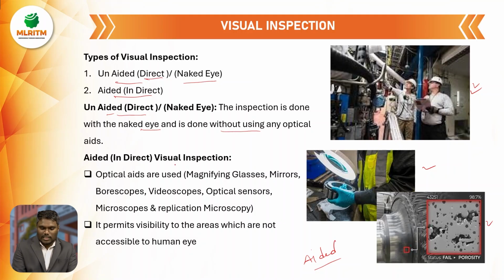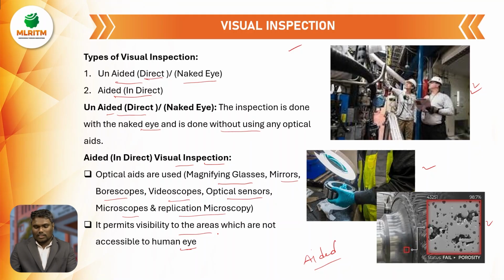Now we'll be discussing the aided visual inspection method. Here some instruments or optical aids will be used. Those are magnifying glasses, mirrors, boroscope and videoscope, optical sensors, microscope and replication microscope. These are the different aids that can be used to detect defects in aided visual inspection. Aided visual inspection permits visibility to areas which are not accessible to the human eye.